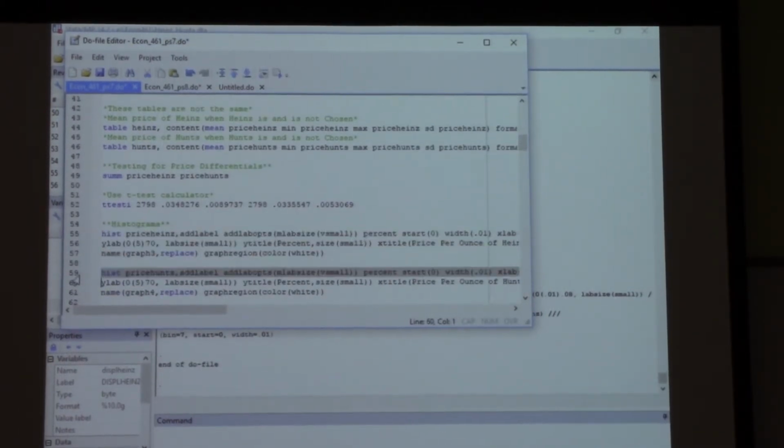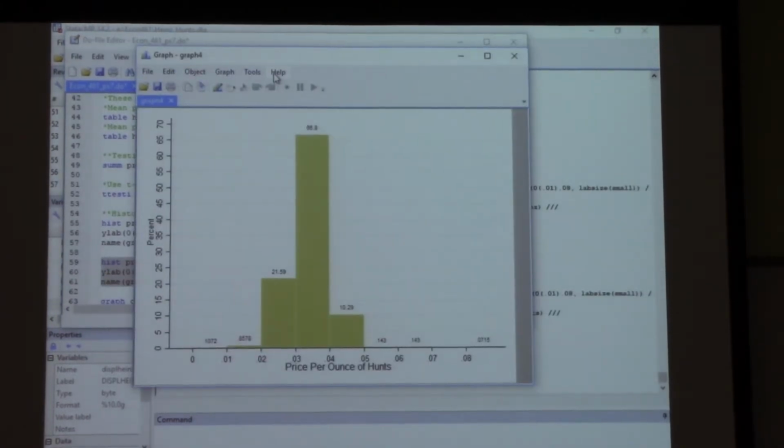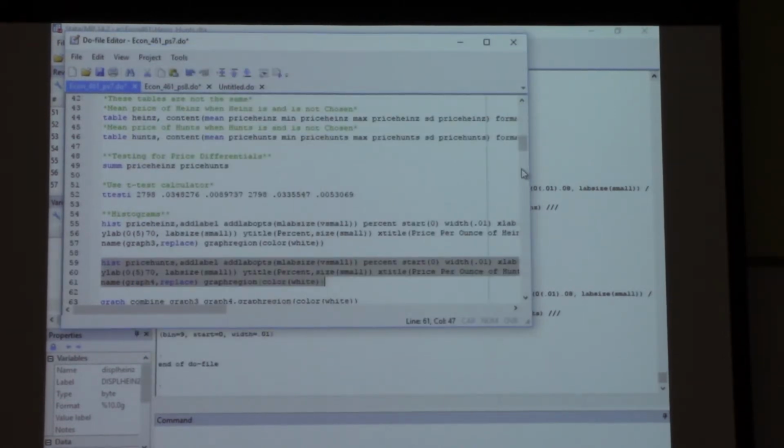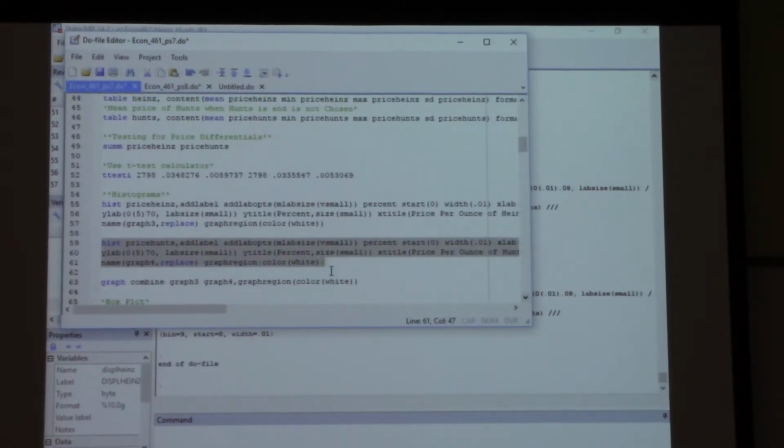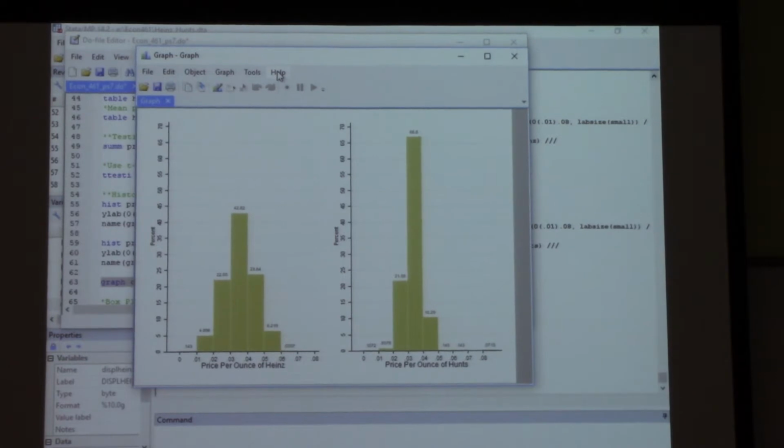This is a graph of Hunt's. So we want to see what, on average, is going on. And clearly they're different. And we can combine these two. And again, it's kind of awkward. We see the distribution for Heinz is a little bit more spread out. The distribution for Hunt's is a little bit more tightly distributed.